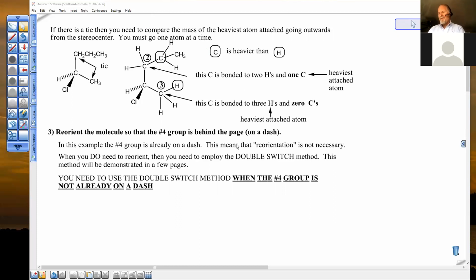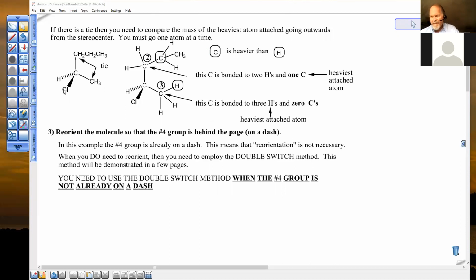If you are into statistics, you will have the number 4 group on a dash 25% of the time, because we have 4 bonds and only one of them is a dash if you draw your tetrahedron properly like this. We will teach you what to do if the number 4 group is on any of the other positions. Right now it's the hydrogen and it's on a dash already.